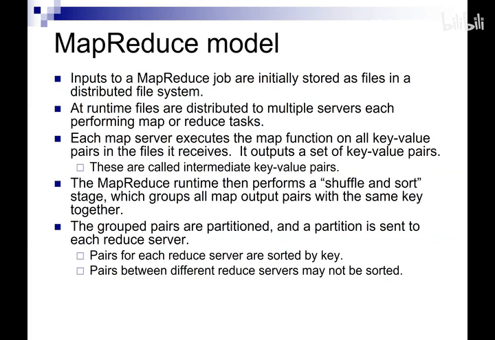Okay, so therefore, for each reduce server, the reduce server is going to get a bunch of these key value pairs, and if you look at all the pairs that the reduce server gets, these are going to be sorted by the key. Okay. On the other hand, if you look at two different reduce servers, then their pairs do not have to be sorted.